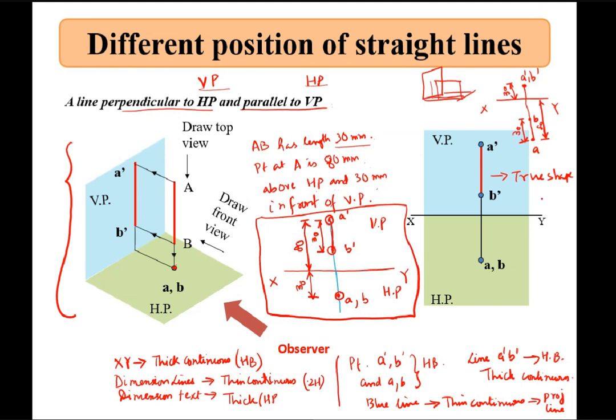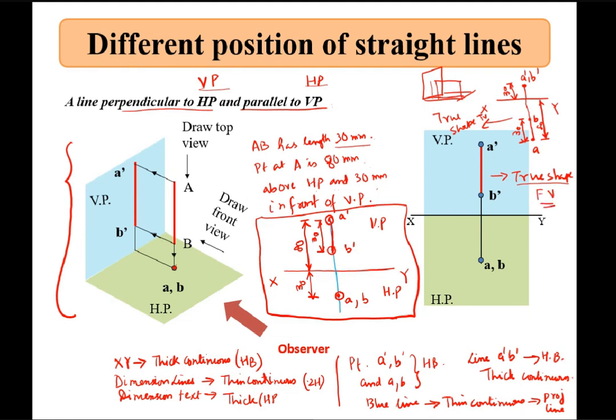Since the straight line is parallel to VP, I will get the true shape in the front view. In this case, I will get the true shape in the top view. And in this case, we get the true shape of the straight line in the front view.